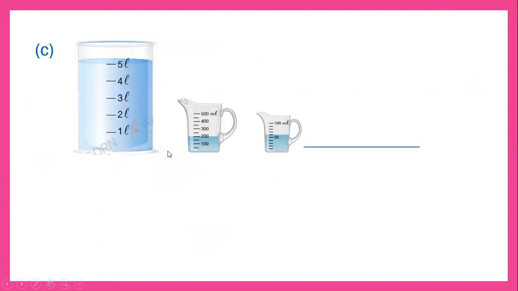And for the third one, the first container has 5 liters. The second container has 200 milliliters. And the third container has 60 milliliters. So what is the answer? The answer is 5 liters and 260 milliliters. Very good.